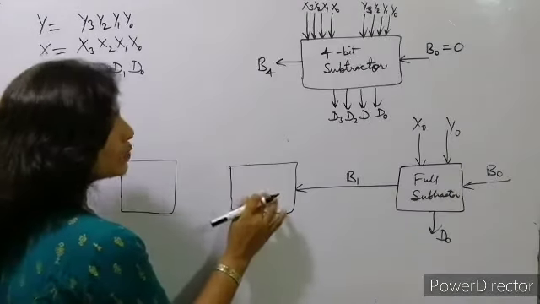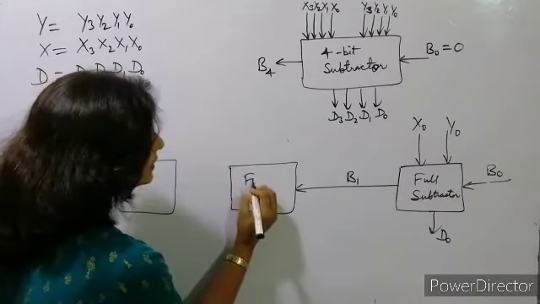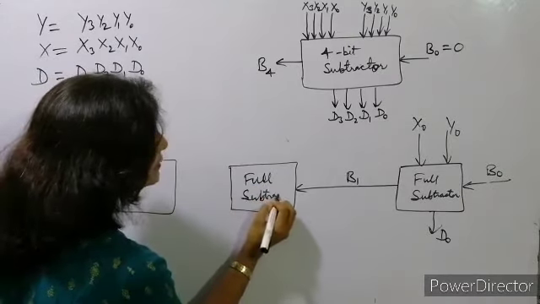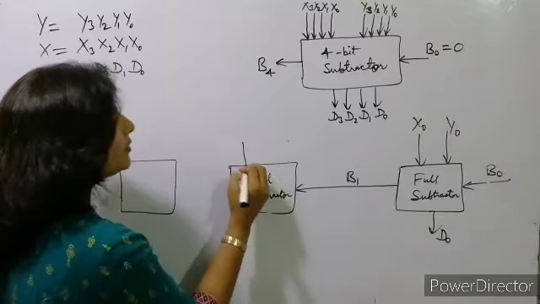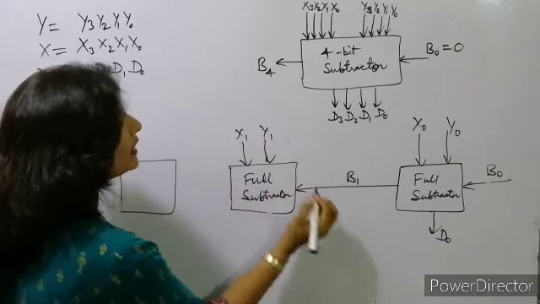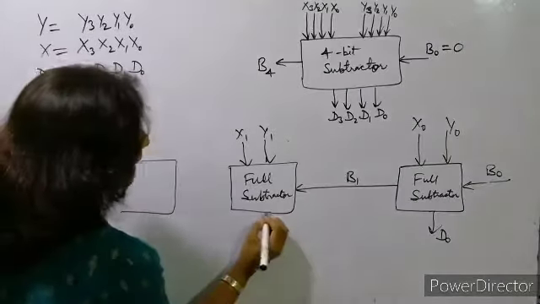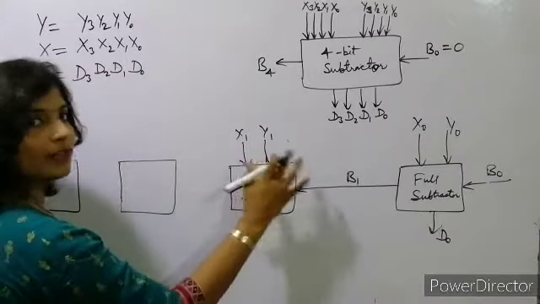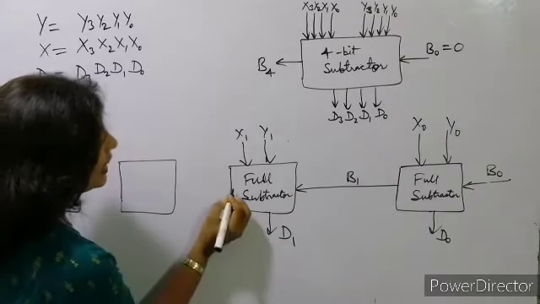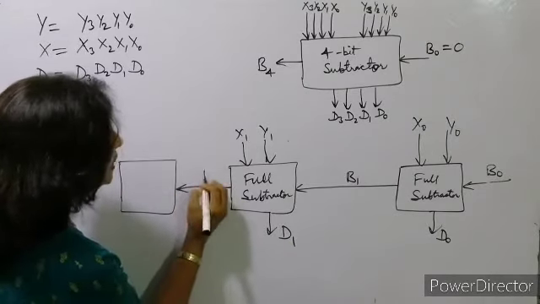Now for this one, this is another full subtractor, the second one. Okay, in this full subtractor there will be 3 inputs, x1, y1 and b1, and 2 outputs d1 and b2.